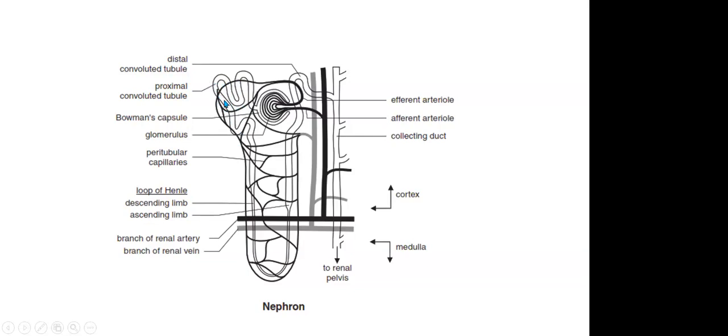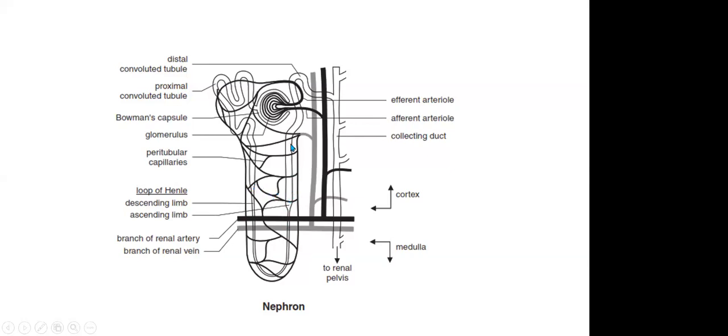What isn't reabsorbed continues down into the loop of Henle, as you can see here. Even in the loop of Henle, there's still a network of peritubular capillaries, which continuously recover some of the useful contents in the filtrate.